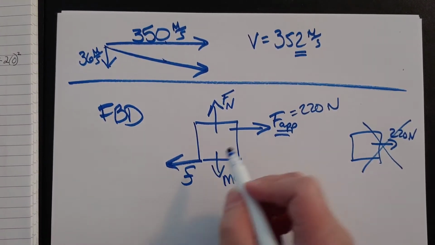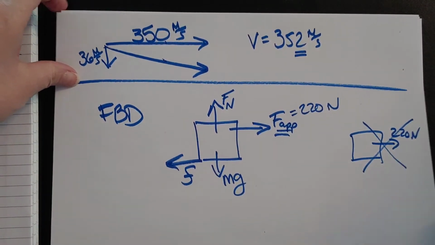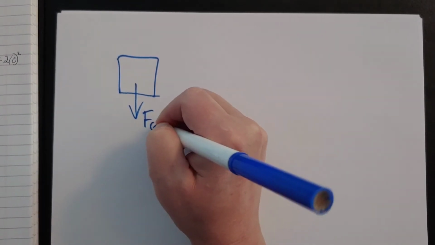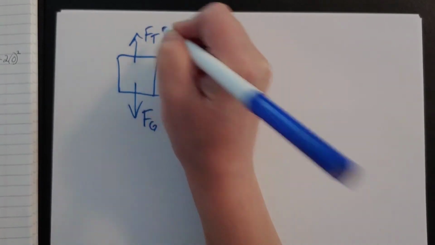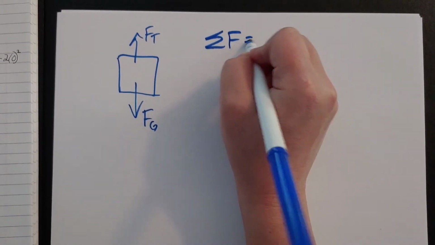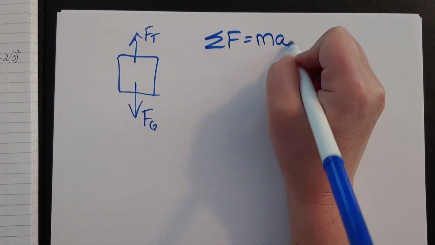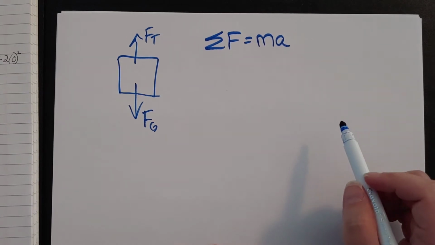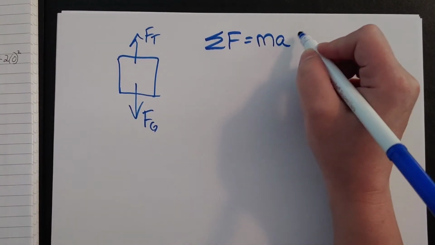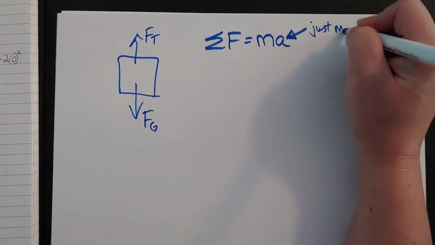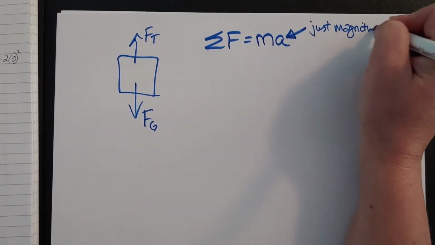Good. Another point that's important about free body diagrams, and this is, of course, about the elevator problem. So either mg or Fg or whatever. When you write net force equals ma, okay, and I talk about this a lot in that video that I keep pushing out to you, this should be just a magnitude.